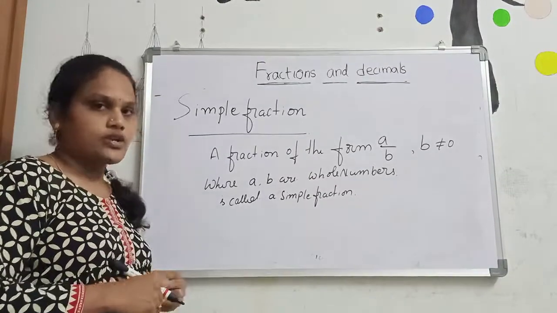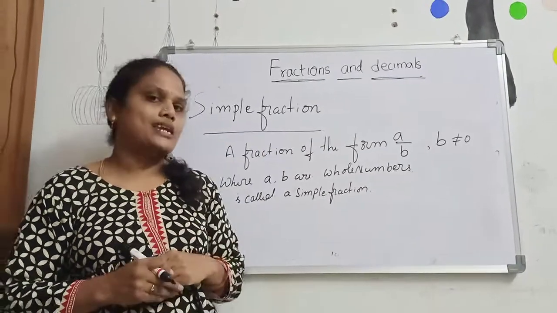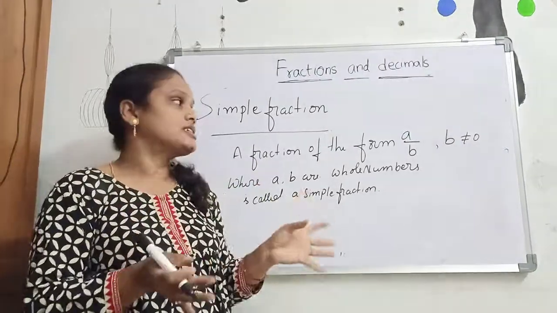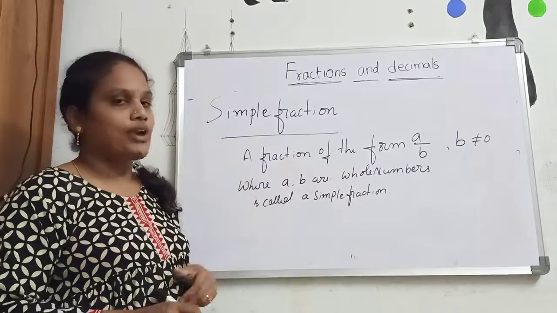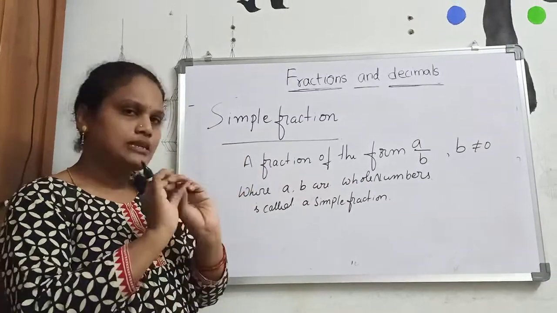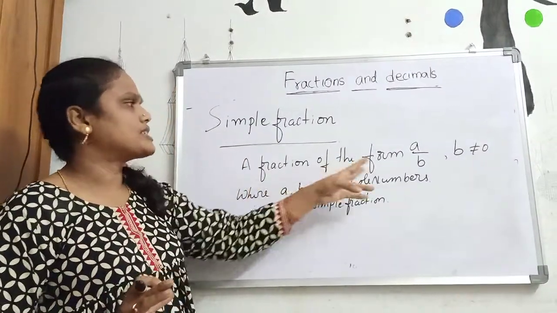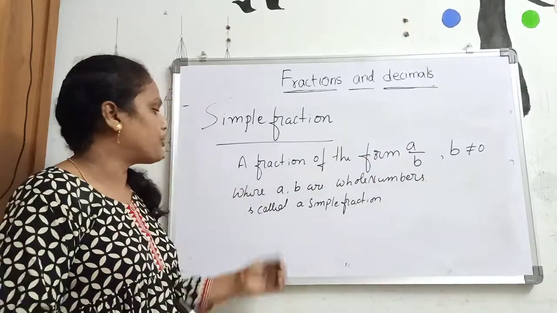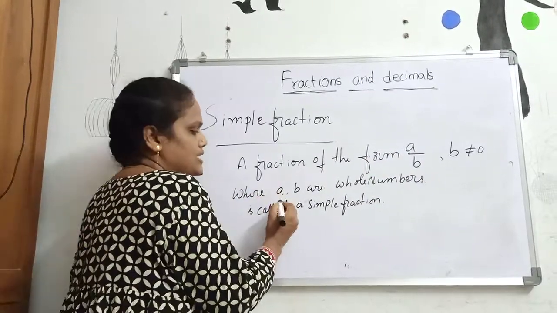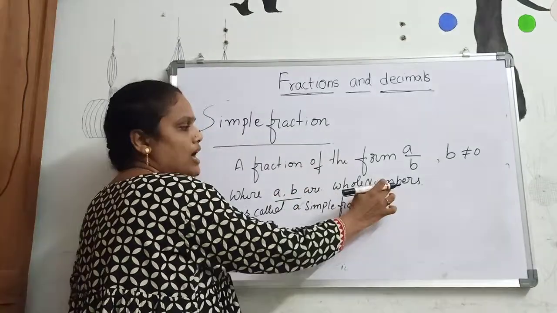Next concept is simple fractions. This is not a type of fraction; this is one more concept in the fractions topic. Simple fractions means simple only. A fraction in the form of a by b, b not equal to 0, as we already know, and the condition is that a, b are whole numbers.